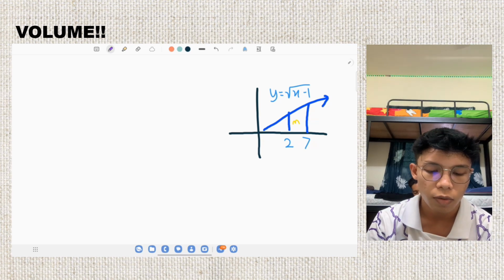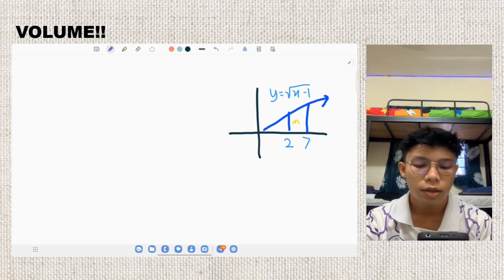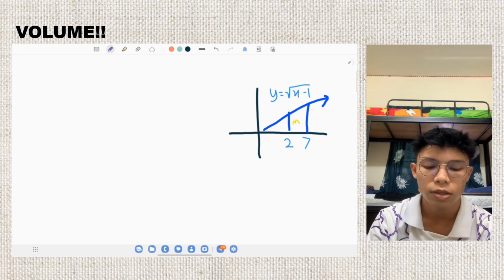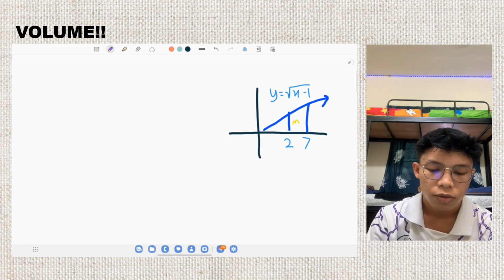Therefore that's our radius, so it becomes the integral from 3 to 7 of pi times r squared, where r is the square root of x minus 1, dx. We just square it because the radius is squared. So the pi can come out, and we integrate from 3 to 7 of x minus 1.